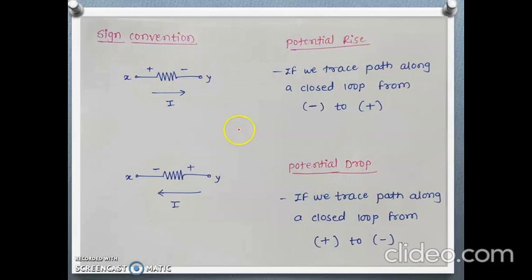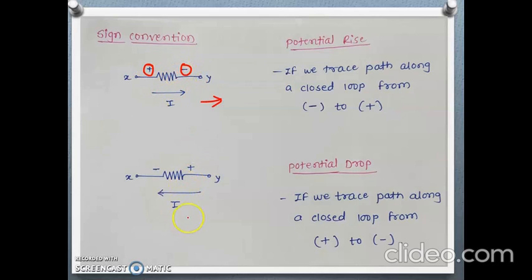Suppose this is the given circuit, and in that circuit we assume the current direction as this one. Then we know that the current always flows from higher potential to lower potential. That means this will be the plus and this will be the minus. This is the sign convention we use.